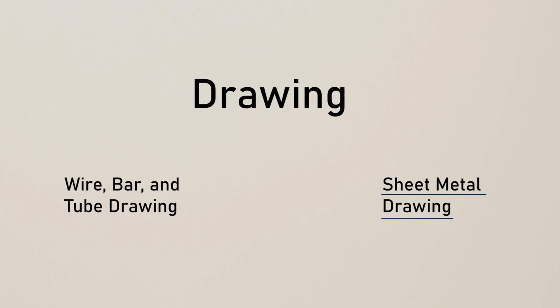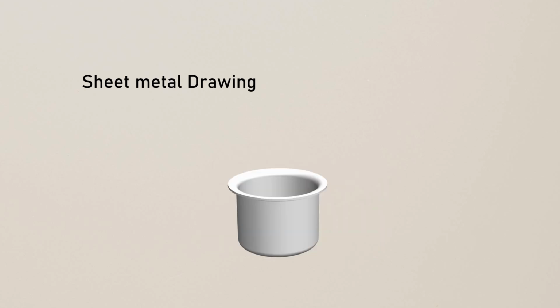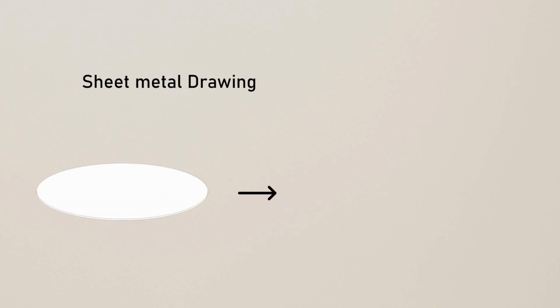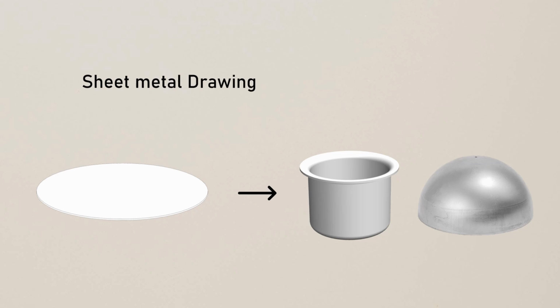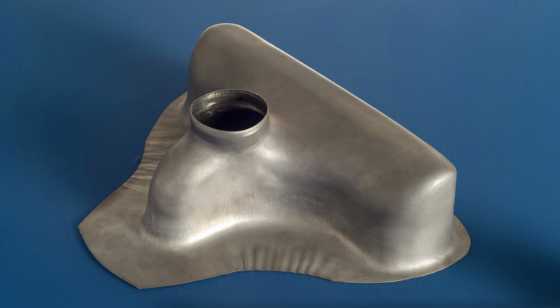Now the sheet metal drawing. So in sheet metal drawing, the sheet is not pulled along the thickness of the sheet. Instead, it's plastically deformed to achieve the desired 3D shape. Simply, this process involves shaping a flat sheet into a hollow cylindrical shape or hemispherical shape or any other complex contoured shapes using the die and punch.